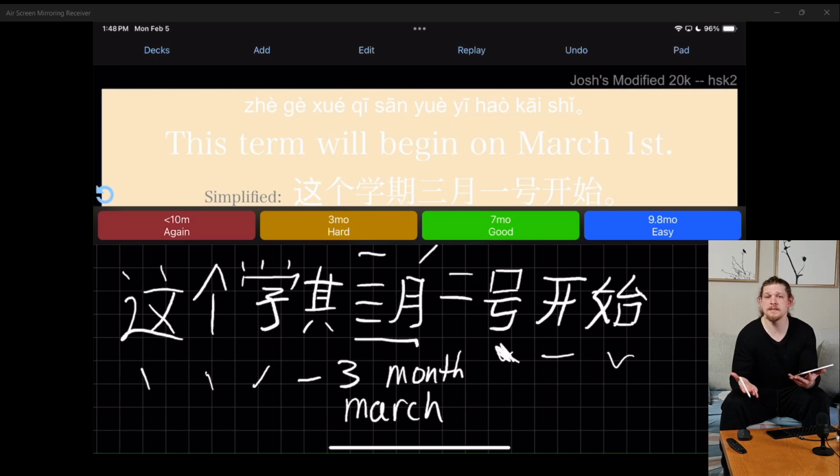Now, why is it important that I do this? It's because during conversation, one or two mischaracters here or there are not going to severely inhibit someone's ability to understand you. But if you don't learn the characters and the pronunciation strictly from the beginning, what you'll find is that you'll one day have a large vocabulary.